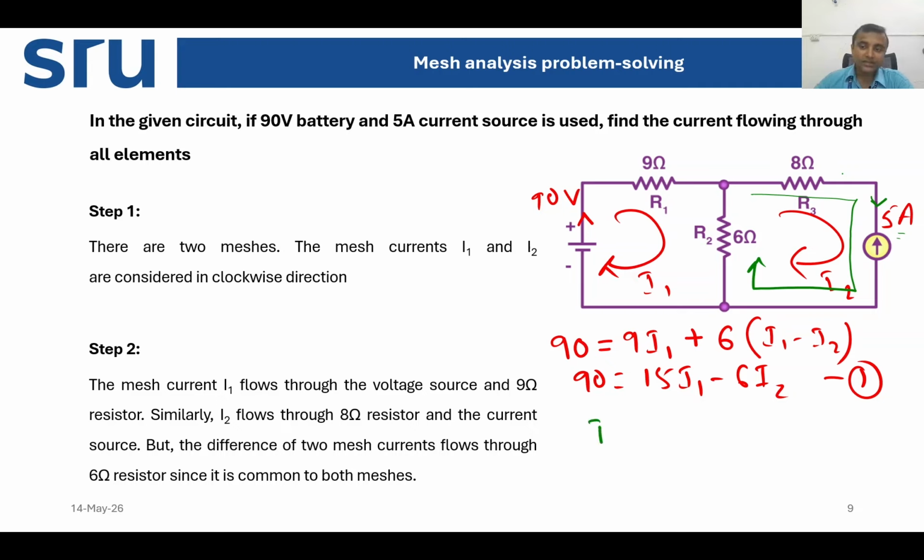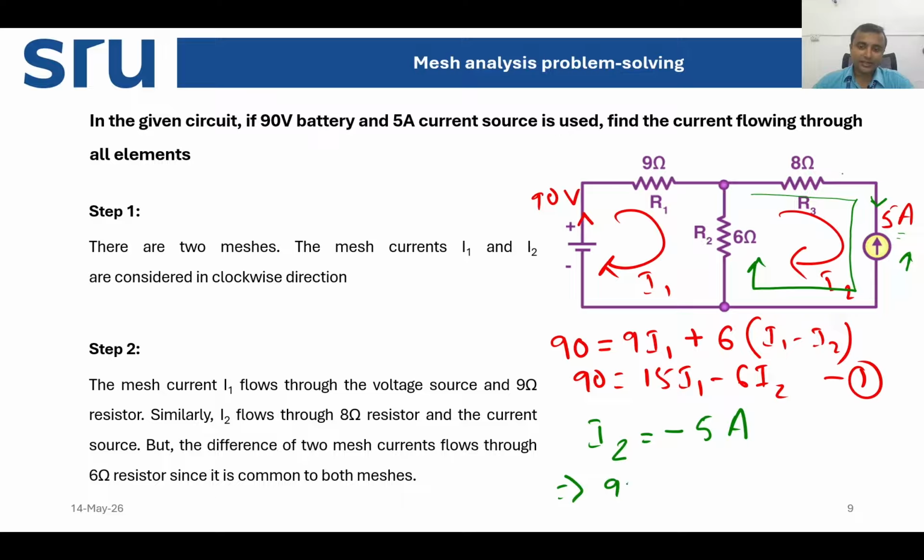Hence I2 must be equal to the current in the opposite direction. Now you can put the value here.